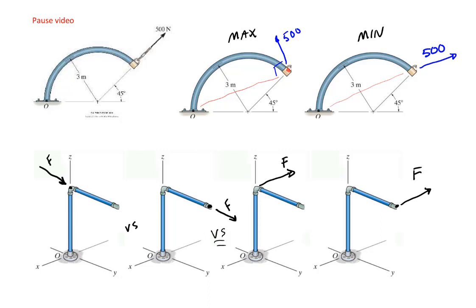3 versus 4 does have a little bit of a difference. In other words, this one has a magnitude only about the y-axis. In this case, there is something trying to rotate about the z-axis as well as about the y-axis. So this one, because it is trying to rotate about two axes, actually has the greater moment.